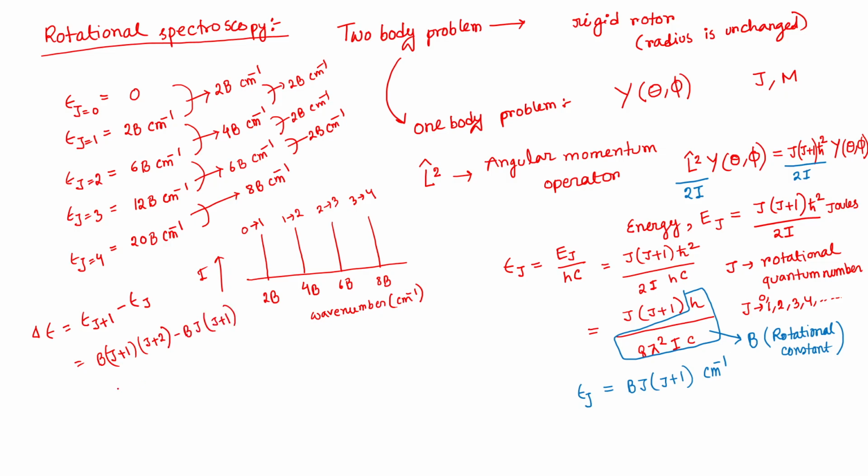You can take B J plus 1 as common. Now J plus 2 minus J, so you are going to get 2B J plus 1. So this is your gap, delta E gap.